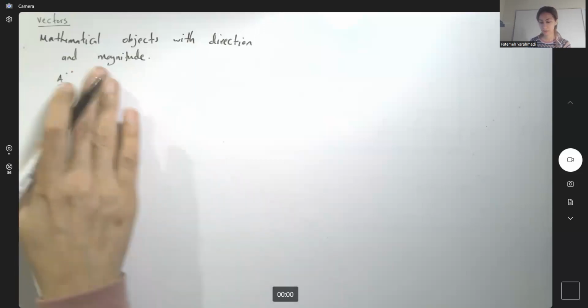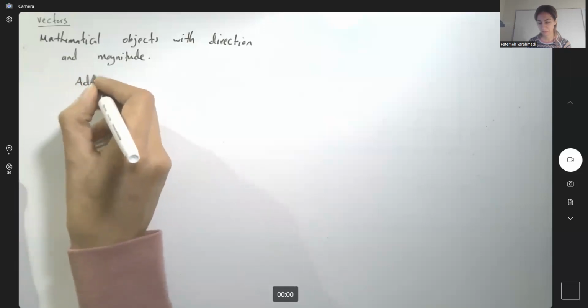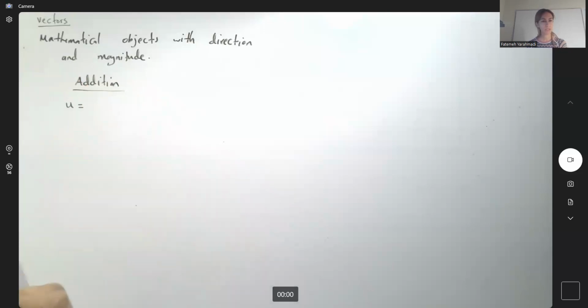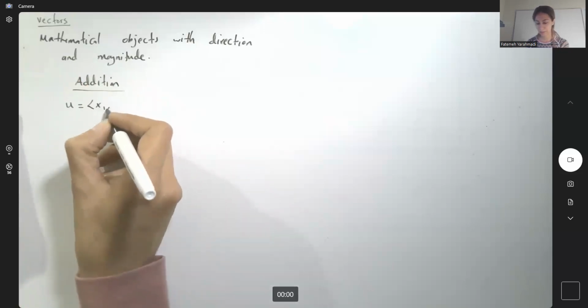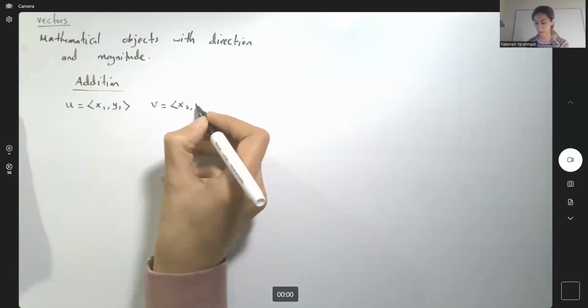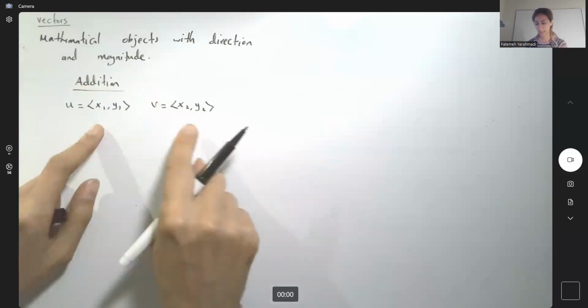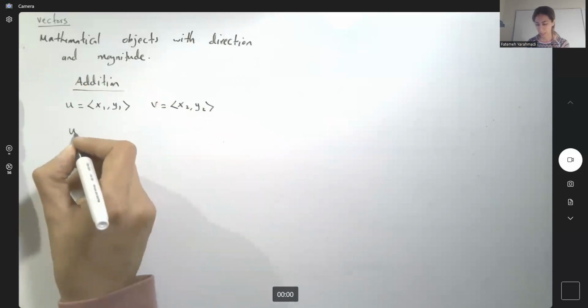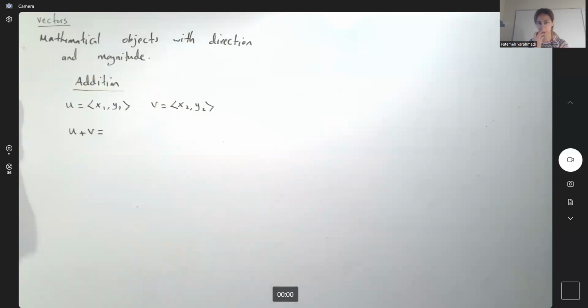Suppose you have two vectors. Vector u, which is, for example, denoted by x1, y1, and vector v, which is denoted by x2, y2. It has different components. We can add these two vectors together, u plus v.